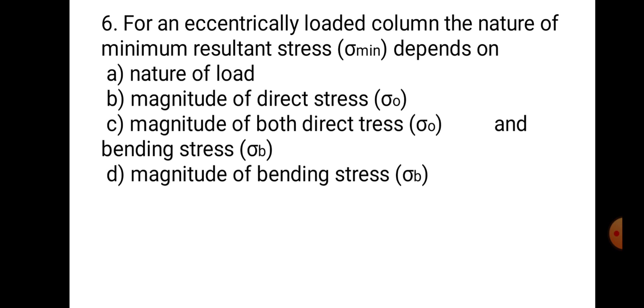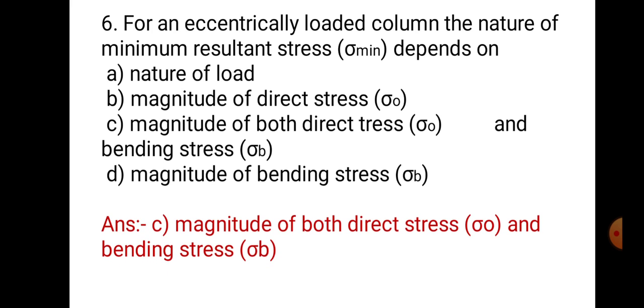Now you know that the minimum resultant stress is sigma 0 minus sigma b, that is direct stress minus bending stress. Therefore, the nature will definitely depend upon the magnitude of both direct and bending stresses. Hence, the correct answer is C, magnitude of both direct stress and bending stress.